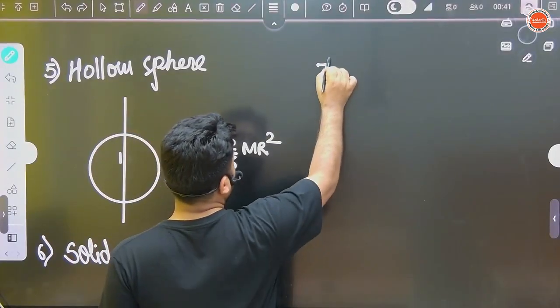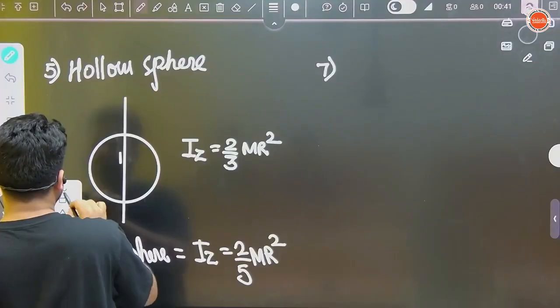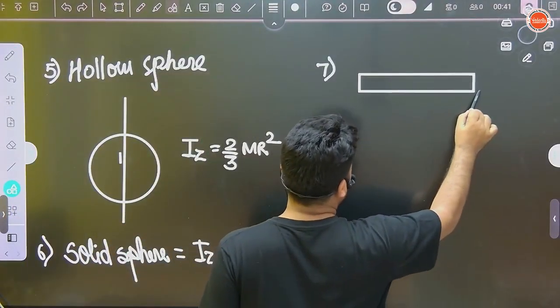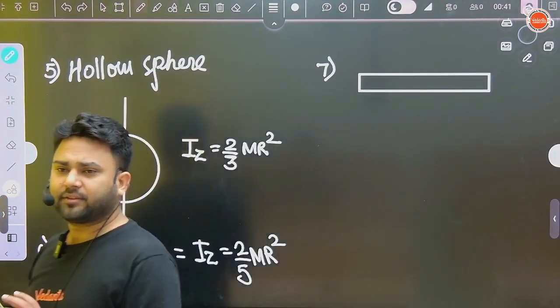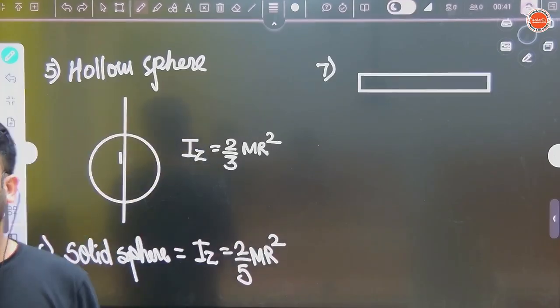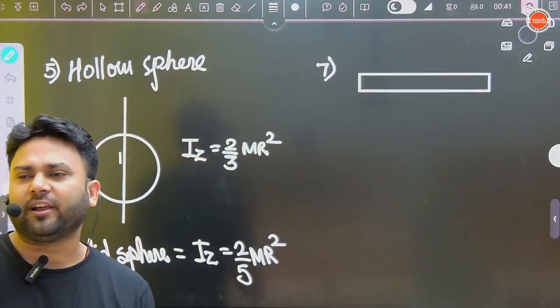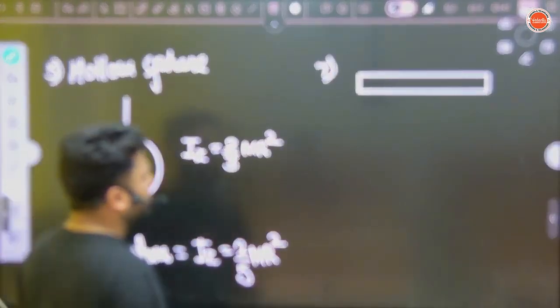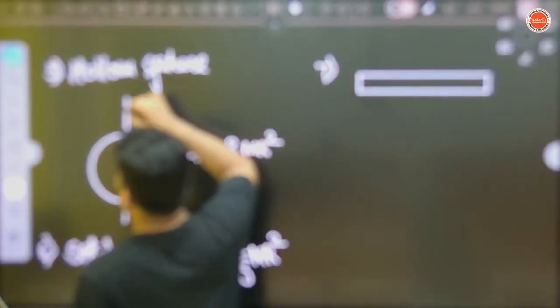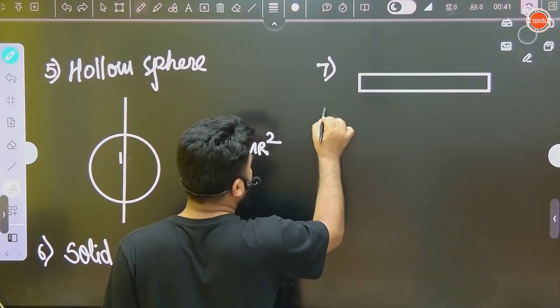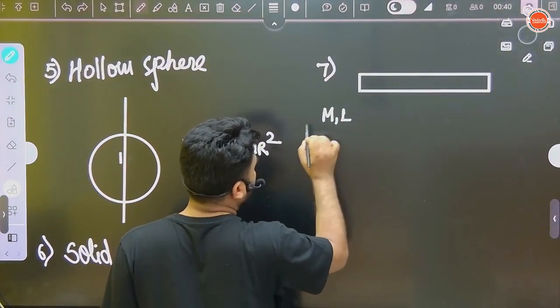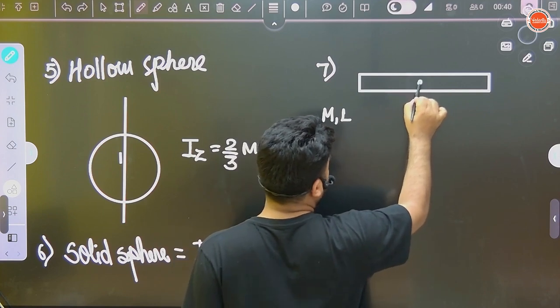Seventh, if there is a rod, now all the things that I am telling now, I am telling only the important things. We have 20 formulas, but 7 to 8 most important I am telling. If there is a rod, mass of the rod is m, length of the rod is l. This is the center of rod.